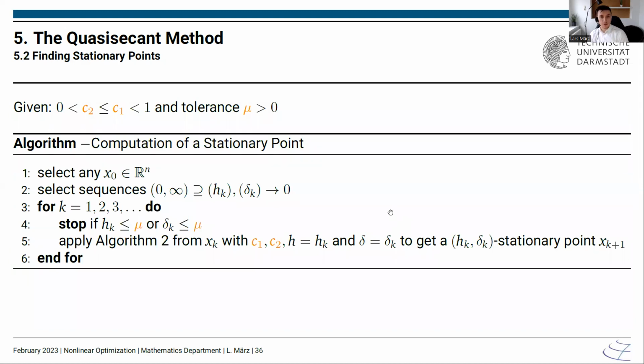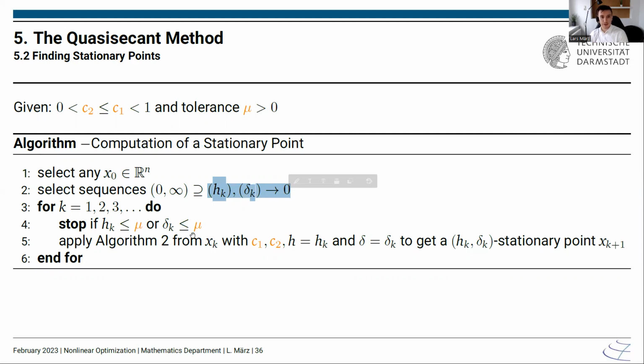And how can we take this a step further to get stationary points, not H delta stationary points, but actually stationary points? Well, we take some positive tolerance mu, and start at some initial point and define sequences H and delta that vanish.